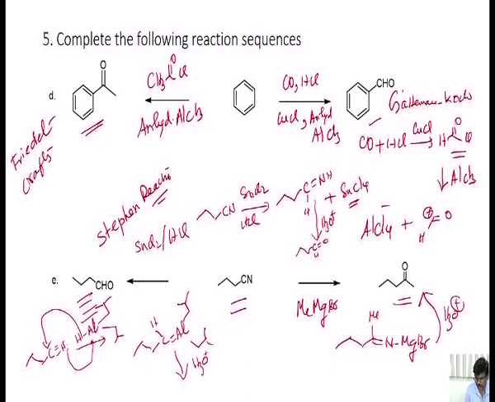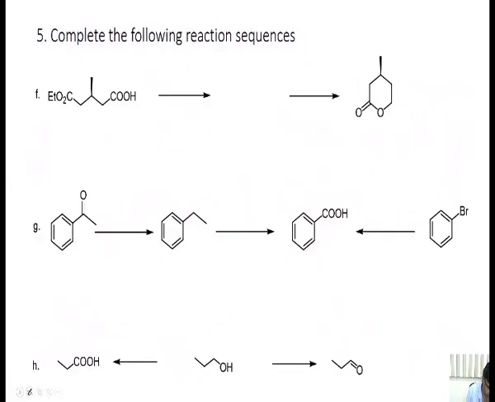So nitrile can be transformed to ketone by reacting with Grignard reagent followed by hydrolysis. On the other hand, you can reduce the nitrile to imine using DIBAL or tin chloride. That imine can be hydrolyzed to aldehyde.